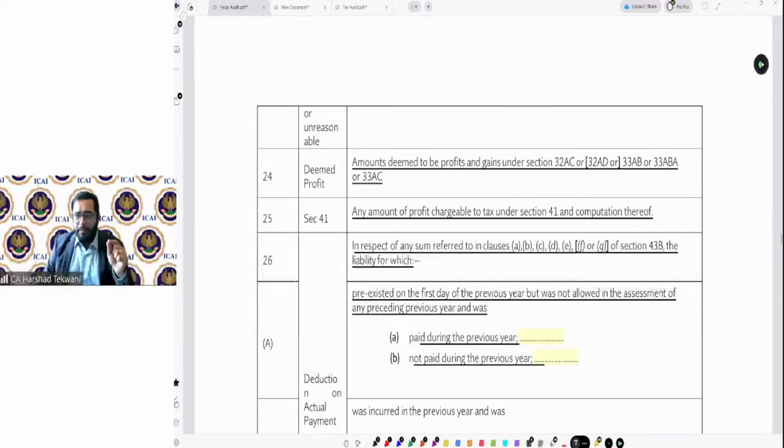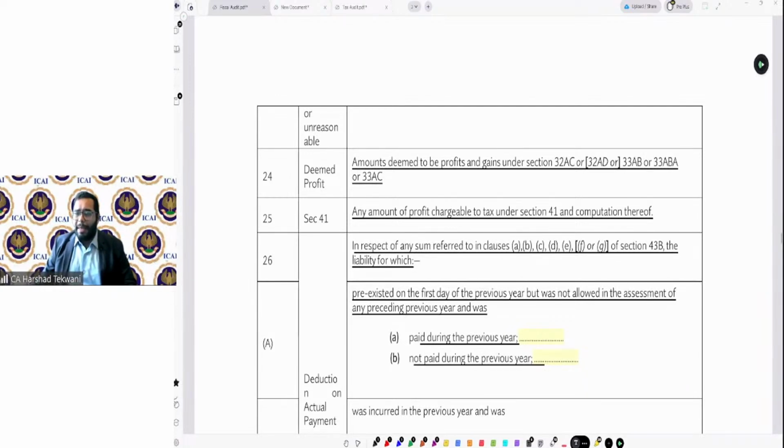That is 43B: the amount of any tax, duty, cess, fee, amount payable by the assessee as an employer by way of contribution to any provident fund, amount referred to in clause 2 of section 1 of 36, amount of any interest on borrowing or loan, any sum payable by the assessee as a loan or borrowing, with the prescribed conditions.